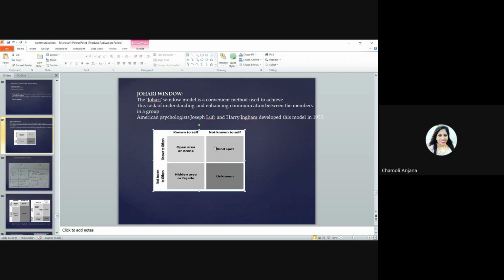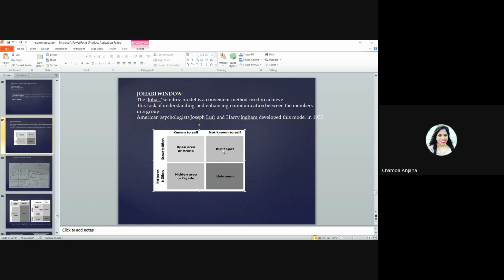The second one is the blind spot. Blind spot is that part of the Johari window which is not known to the person himself. That means the self awareness is not there. A person does not know about himself, but others know about him. Why do others know about him? Because he is able to express himself well.